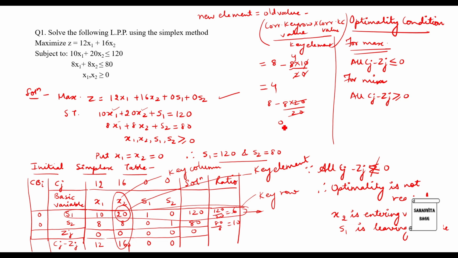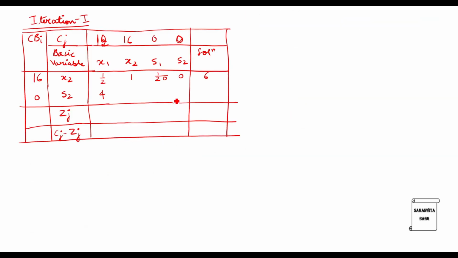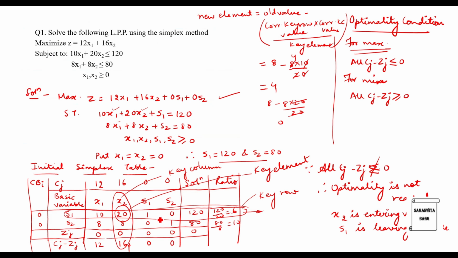The reason is that when you multiply the key row and column values, the key element becomes the element of the row and also the key element itself, so it gets cancelled and you get 0. So I'll write here 0. Next I'll calculate over here.